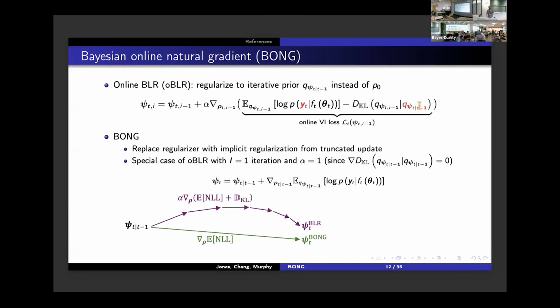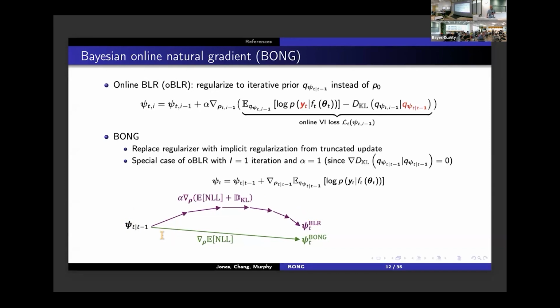So let me show the diagram. Actually, this may be helpful. What BLR does, online BLR, which I'm calling OBLR, is it starts at the prior belief, which was carried over from step t minus 1, and it does a series of natural gradient updates, and after it decides it's done by whatever criterion, it says, okay, this is my posterior psi t, and it carries that over to the next step.